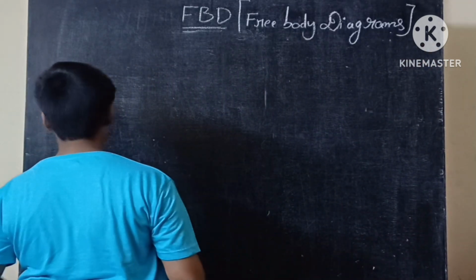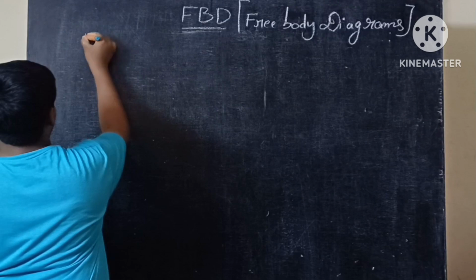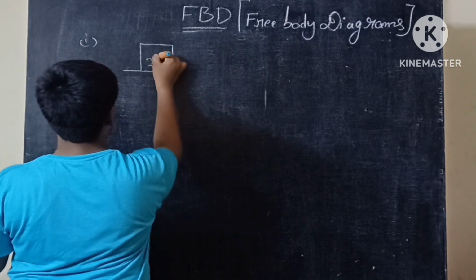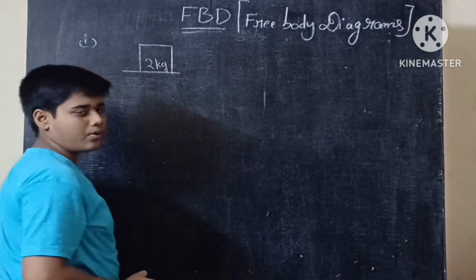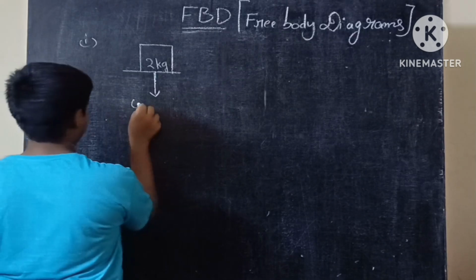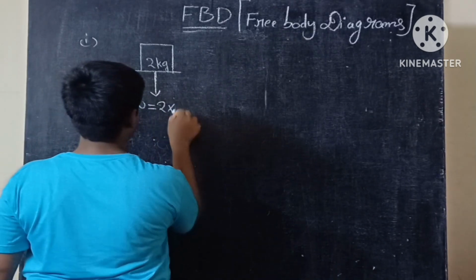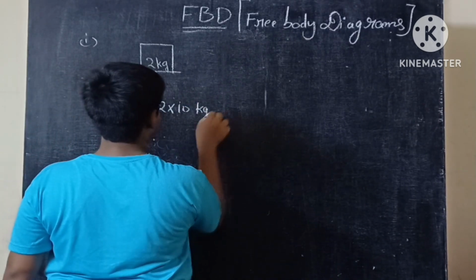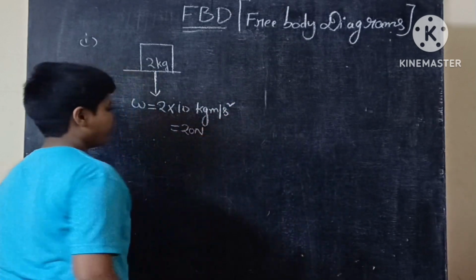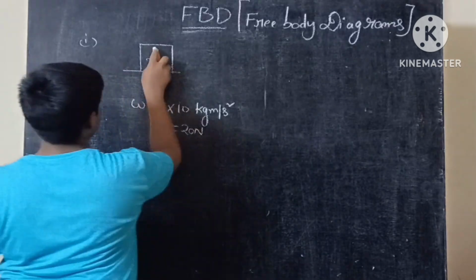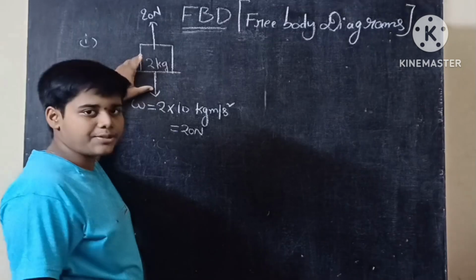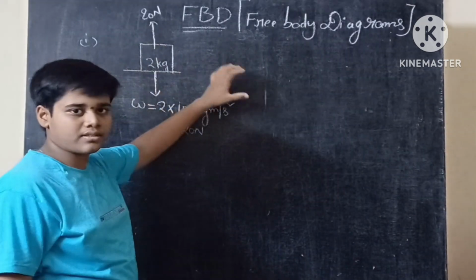If you see some cases of FBD, first one, rest position. If I take a 2 kg body, the weight acts downwards; the weight is 2 into 10 meter per second square, which is nothing but 20 newtons. Upwards is 20 newtons only, because this is in rest position. Rest position means there is no external force.